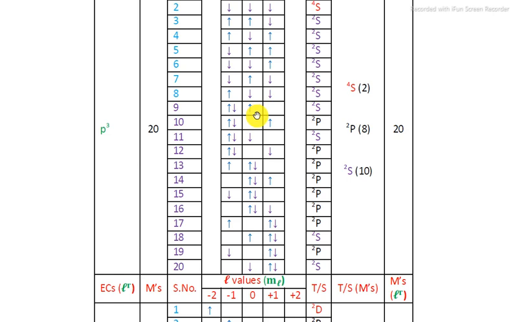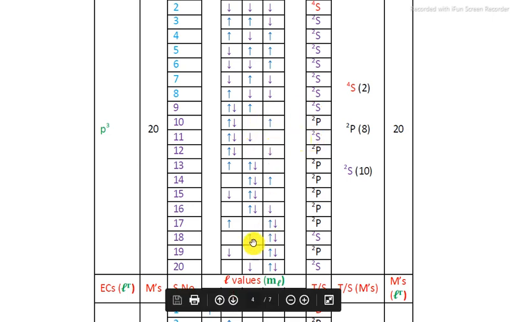If the single electron is present in the middle orbital, here 2S, here also 2S, because the small l value is 0, capital L value is 0, the term is 2S.